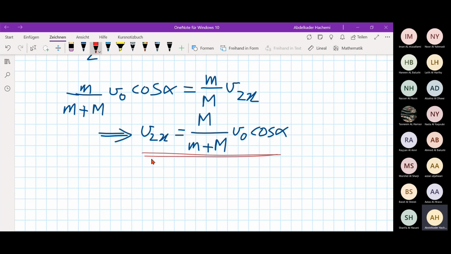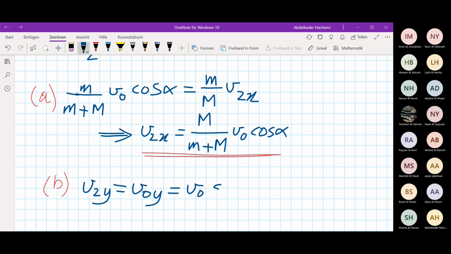In y direction, which I write as B, we have V2 in y direction equal to V0 in y direction, which will be V0 sine alpha, as this is the relative one in y direction.